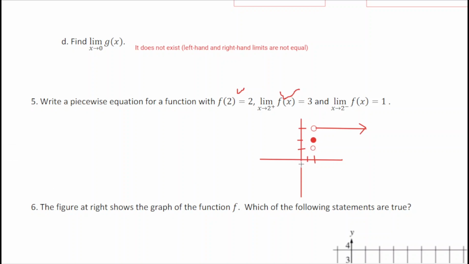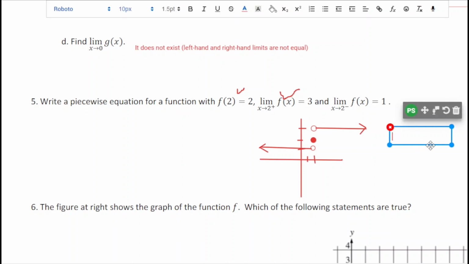So we could draw this any which way. We could do a parabola, we could do a line, but again, I think the easiest way to go here is just to do a horizontal line. Okay, but just know that your answers may vary here. You can draw those different pieces in different ways.